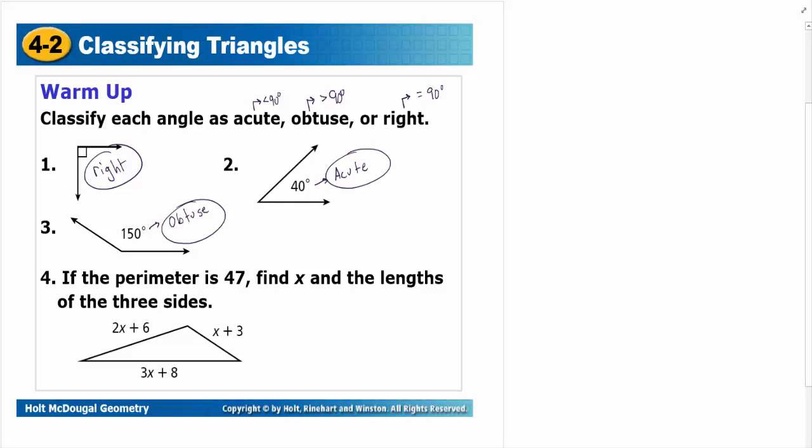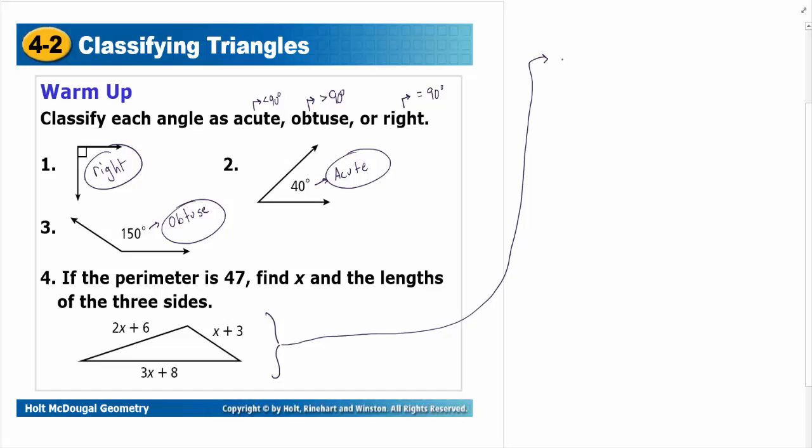Number 4, if the perimeter is 47, what we're going to do is find x and the lengths of the 3 sides. Again, perimeter, you have to understand what that means. Perimeter is the sum of all your sides. If you add all your sides up, you're going to get 47.